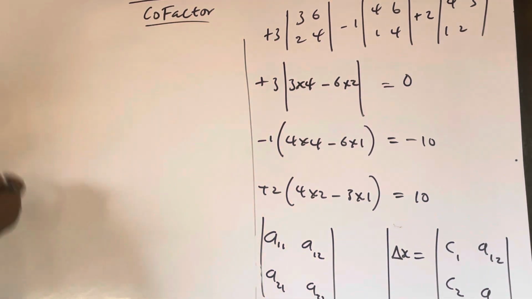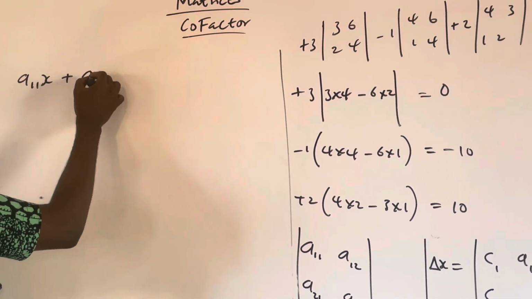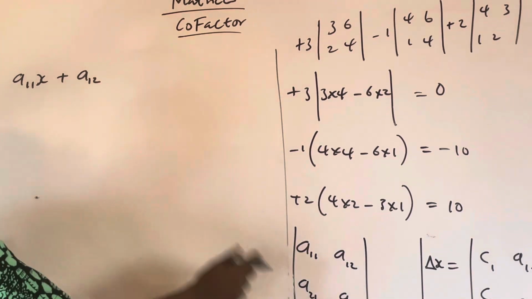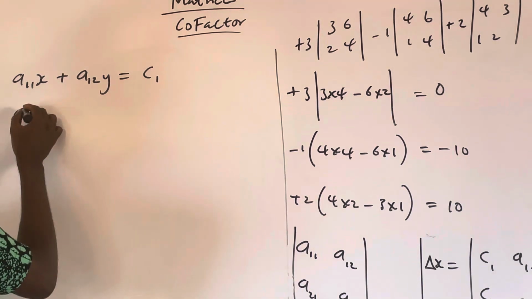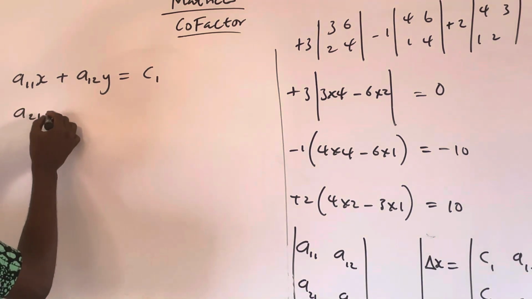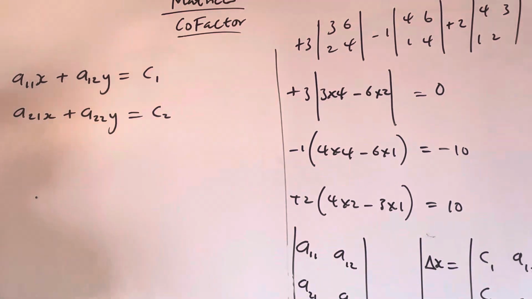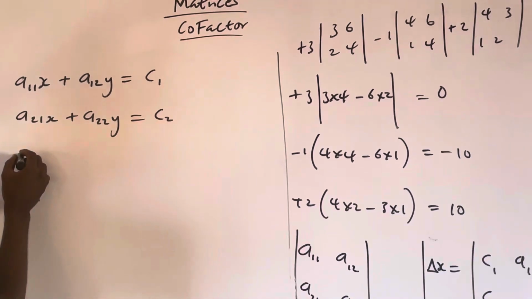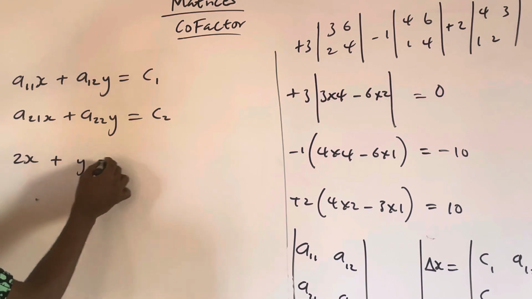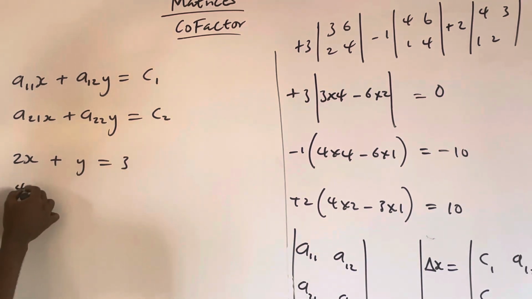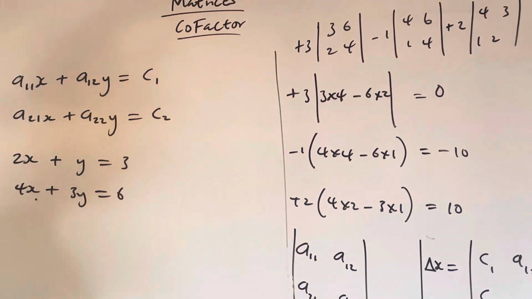When you have A11 x plus A12 y, just like we have over there, it will be equals to C1. When you have A21 x plus A22 y, it will be equals to C2. What do I mean? Take for instance, we have 2x plus, let me say, y equals to 3, whatever, and 4x plus 3y equals to 6. Do you get the point now?